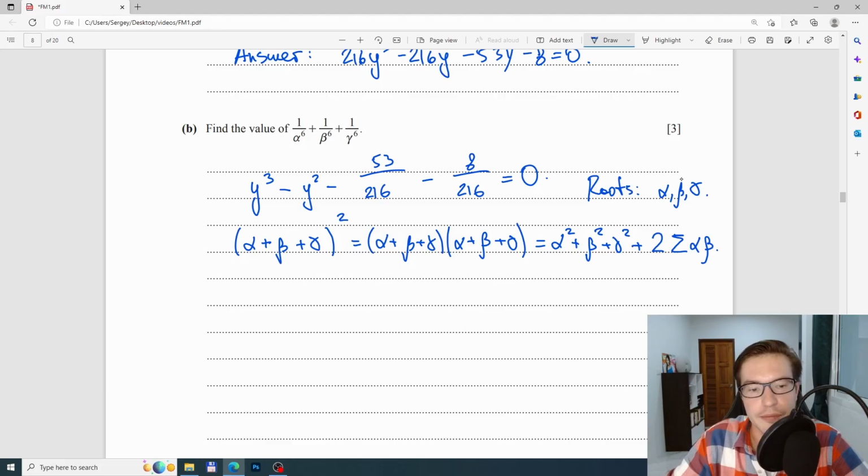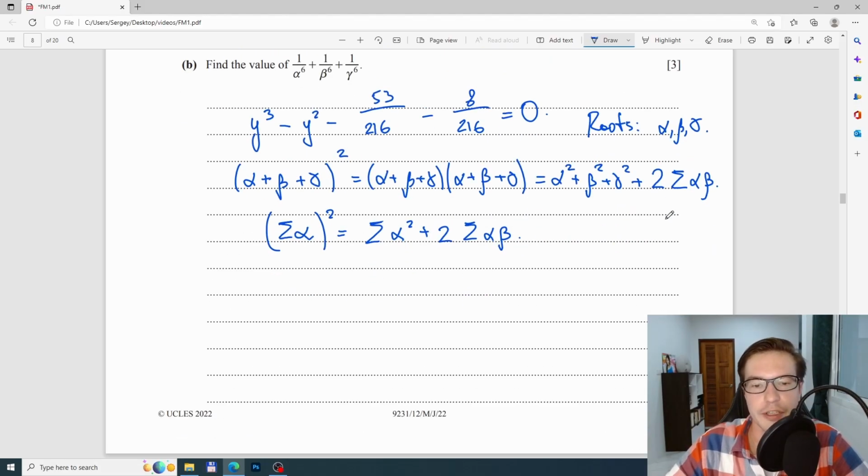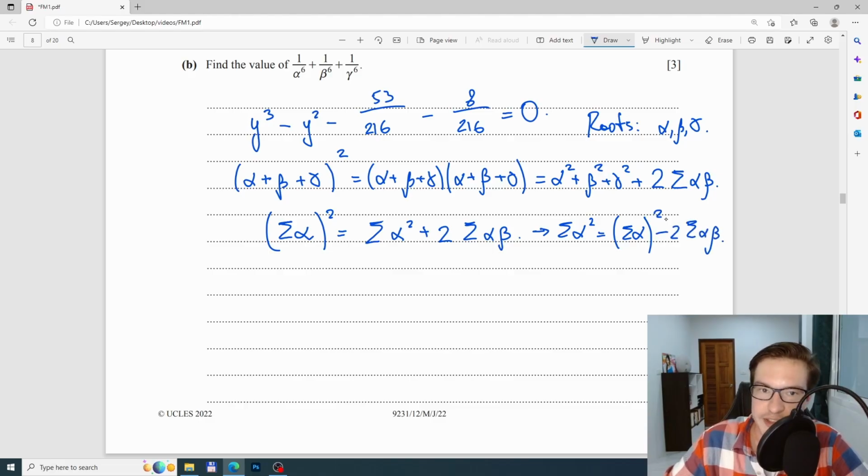So that means on the left side we have the sum of the roots squared equals the sum of squares plus 2 times the sum of alpha beta. And from here we can find the sum of alpha squared just by rearranging. So it's the square of the sum of alpha minus 2 times the sum of alpha beta.